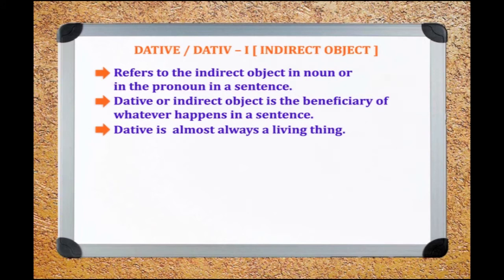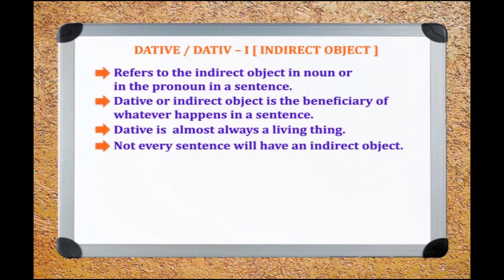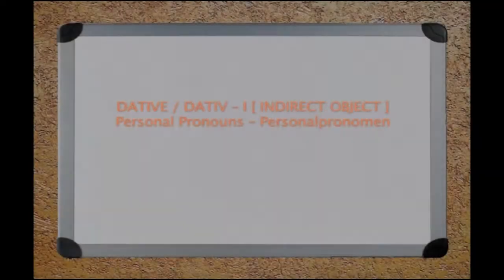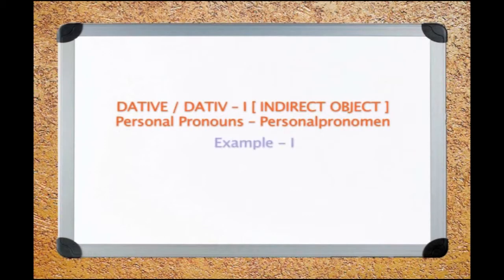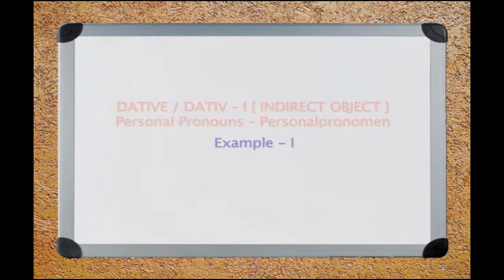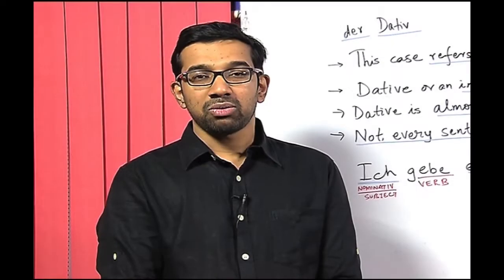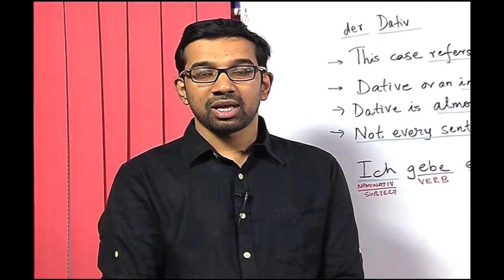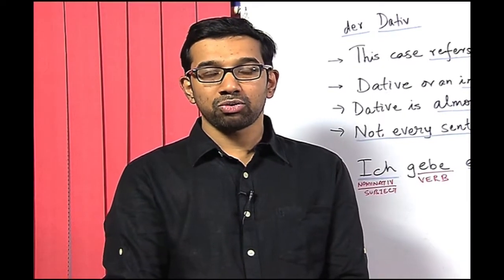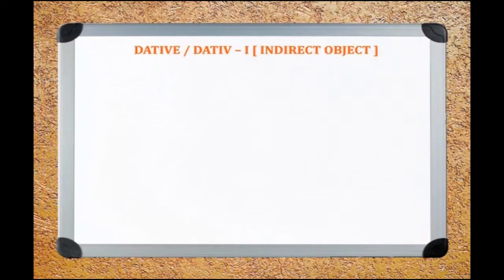Dative is almost always a living thing, and another important factor: not every sentence will have an indirect object, that is dative. Now, let us look at some examples and then it will be easier for you to understand the dative concept.